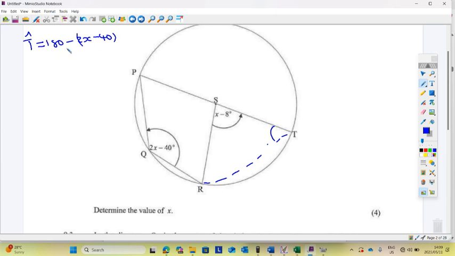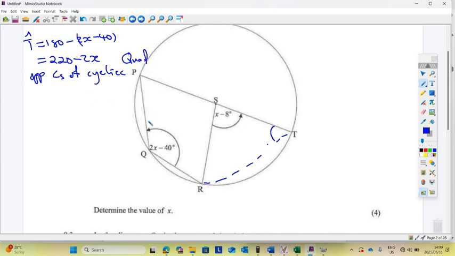What do we get there? This is going to be equal to 180 minus 40, that's 220 minus 2x. And the reason for that, opposite angles of a cyclic quad.